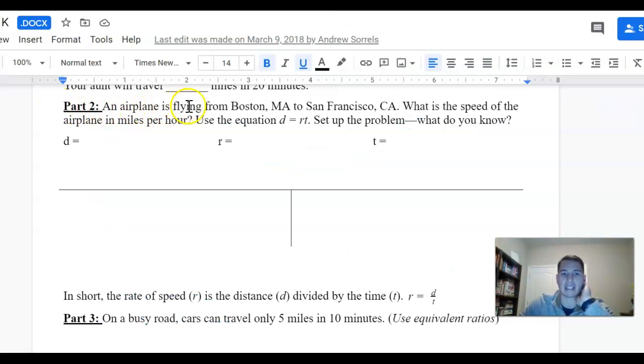An airplane is flying from Boston, Massachusetts to San Francisco, California. What is the speed of the airplane in miles per hour? Use the equation DIRT to set up the problem. What do you know? Let me go ahead and go to the other screen to see our information that is given to us.